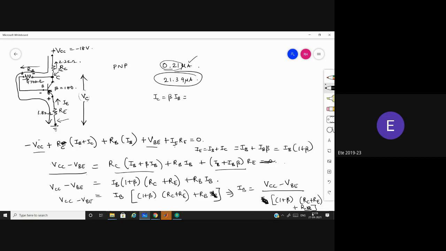What is the value? When you multiply, what is beta value? Beta value is 100. When you multiply with 21.39 microamperes, we get 2.13 milliamps. So this is the answer we are getting for collector current.